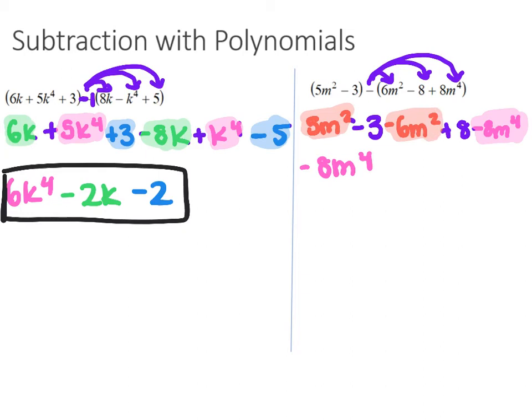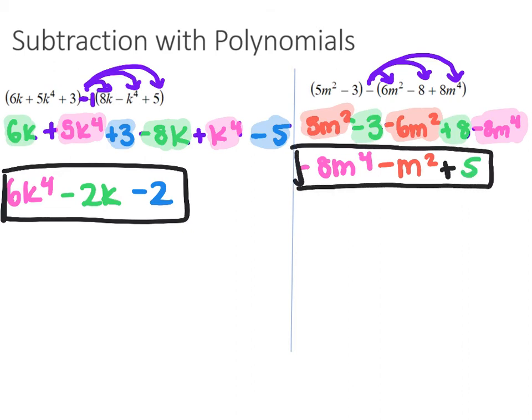And 5 minus 6 will give us negative m squared. And then the next highest power is just a number. So we have minus 3 plus 8. And we combine those two, the negative 3 plus 8 will become plus 5. And that gives you your final answer.